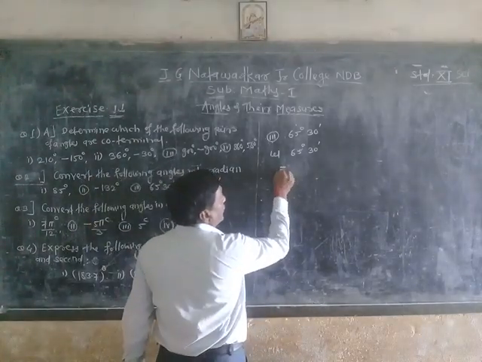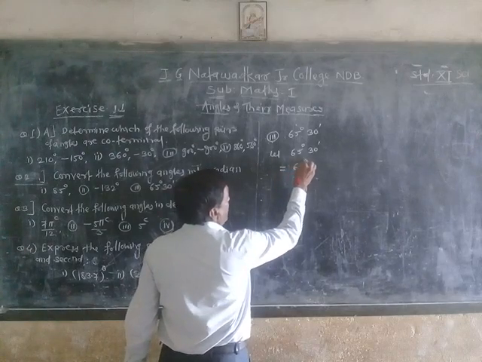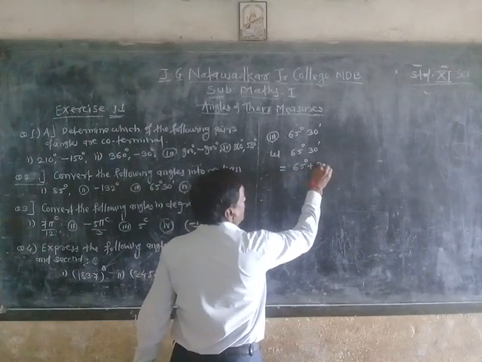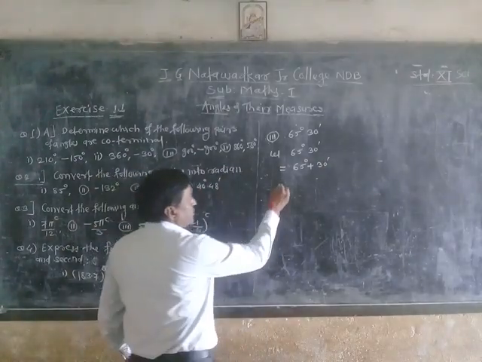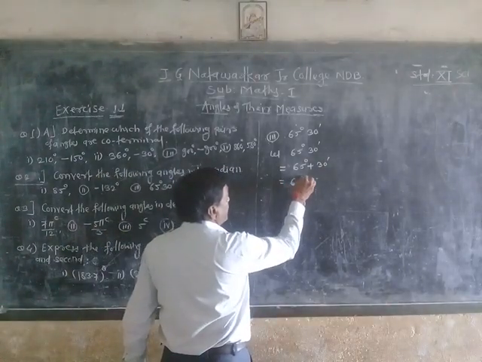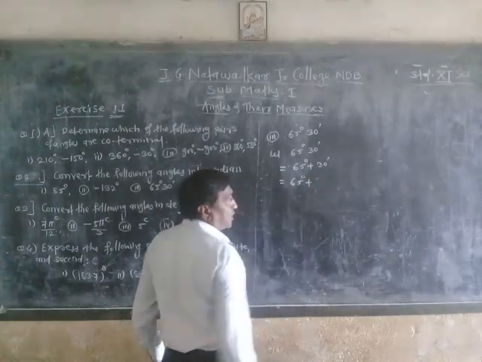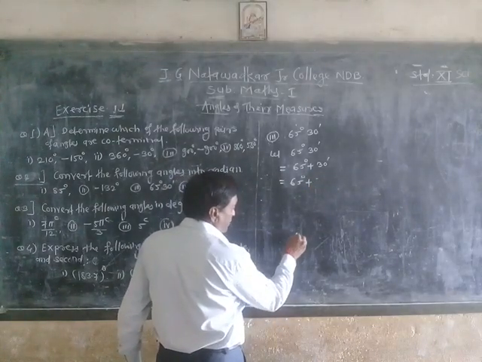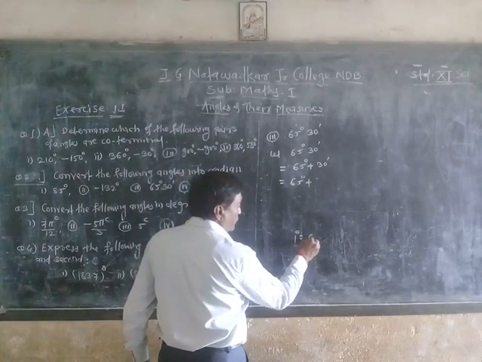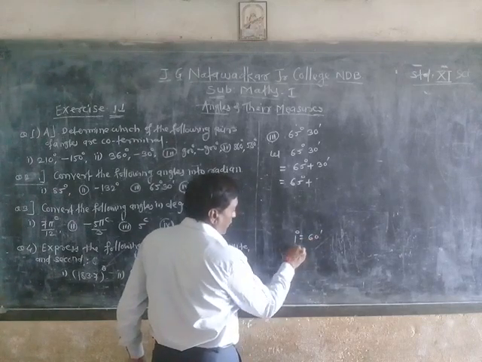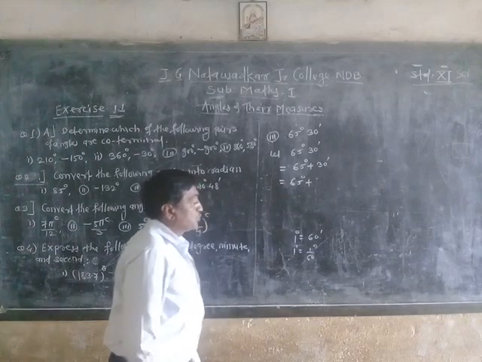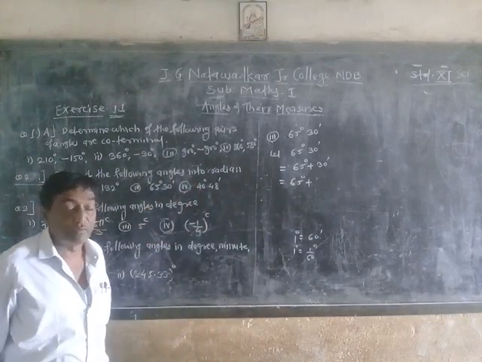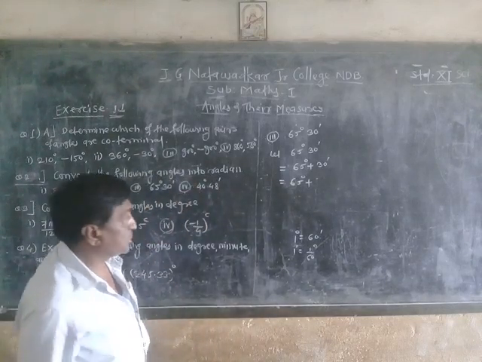So how will it convert into degrees? That is 65 degrees plus 30 minutes. We can express it like this. You know the relation that 1 degree equals 60 minutes. So 1 minute is equal to 1 upon 60 degree. So multiply that minute measure by 1 upon 60.